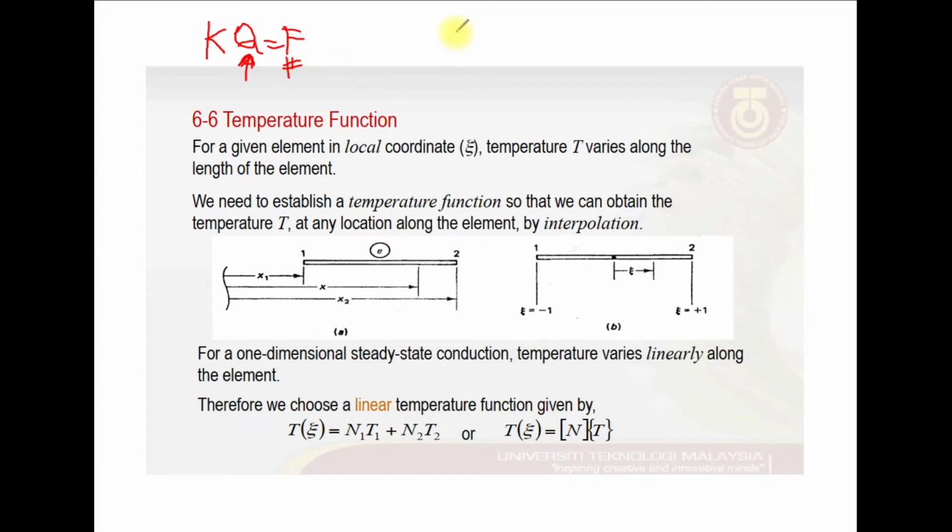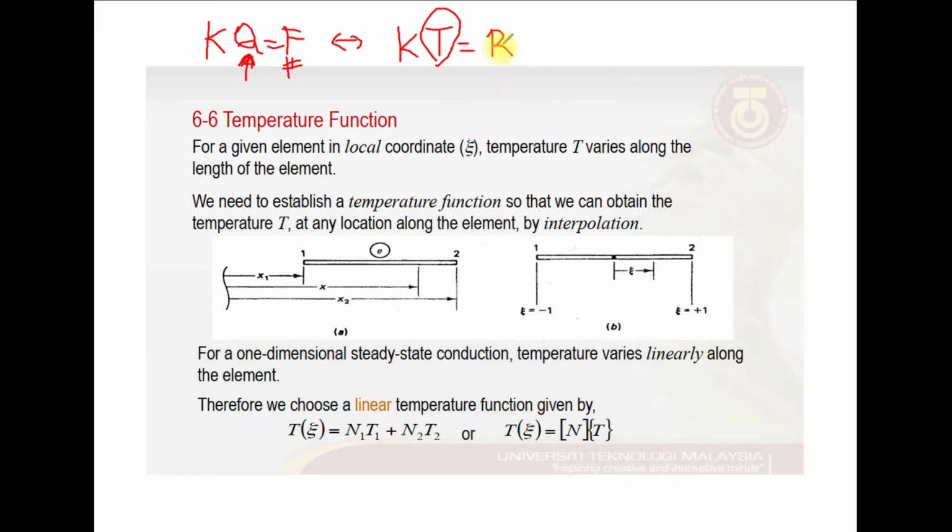But for the heat transfer problems, we are solving the system of linear equations in the form of kT equal to r. So these two are actually a similar form of equations, but in the heat transfer problem, we are interested in determining the temperature distributions across our structures.